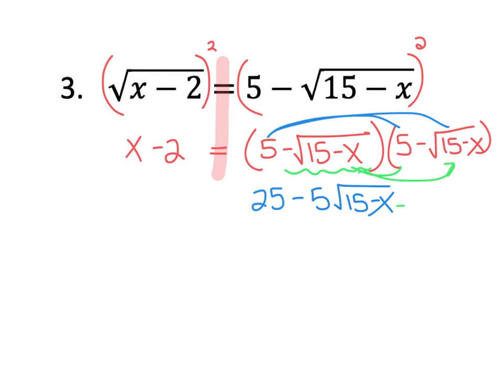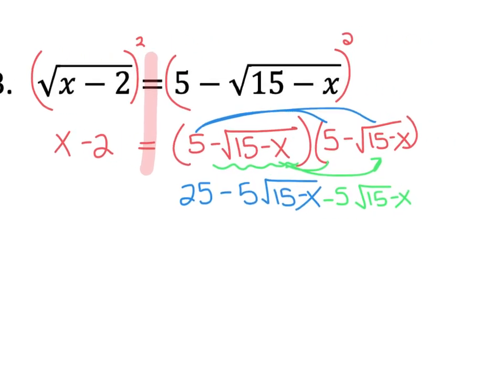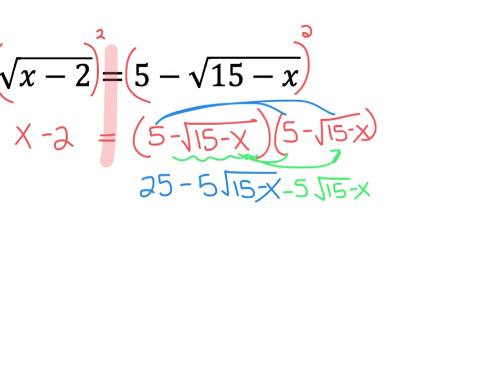So this would be minus 5 times the radicand of 15 minus x. And then I'm going to do this radicand times this radicand. So first of all, negative times a negative is a positive. So I'm going to have plus. It would be like squaring that radicand, so I just get what's left, the 15 minus x.